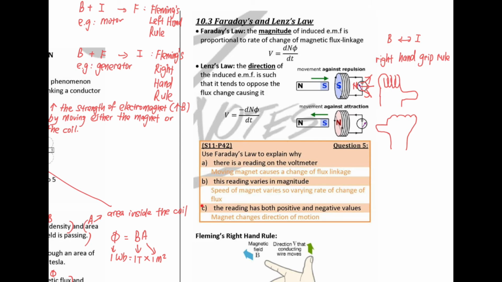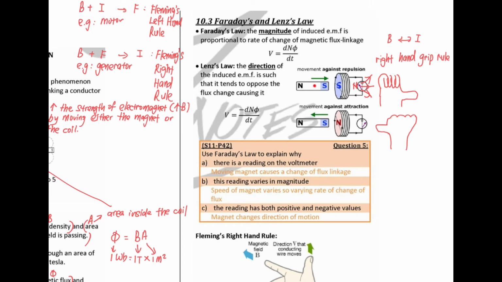So C, the reading has both positive and negative values. So how? This is actually Lenz's law, opposite direction. Because Faraday law explains magnitude only, never the direction, never the plus minus. Plus minus is Lenz's law. So anyhow, we just answer it based on Lenz's law.